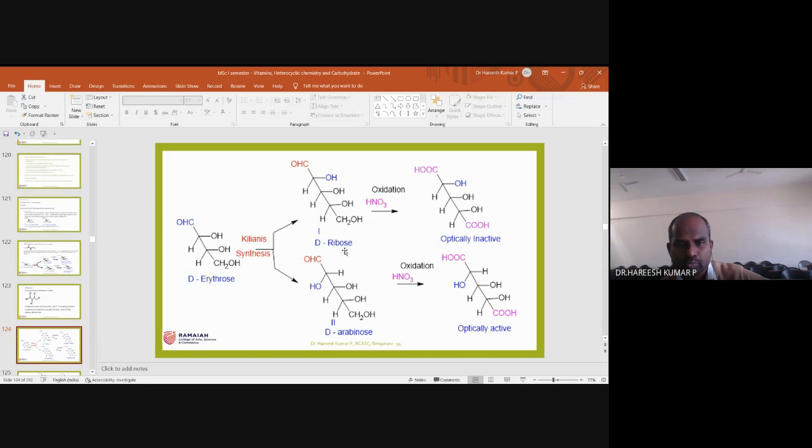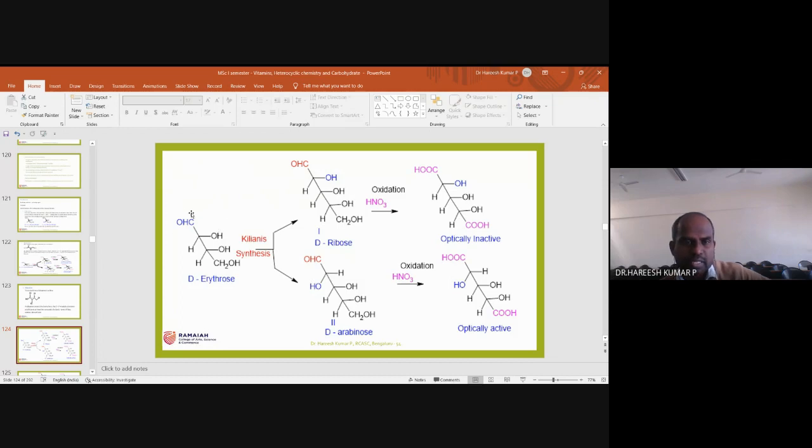The OH, OH, CH2OH part is the same in ribose as well as arabinose. So the only difference is on this carbon atom.